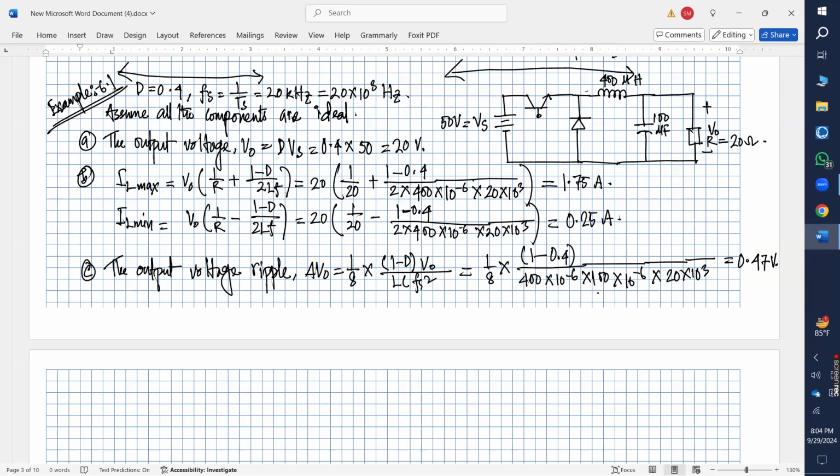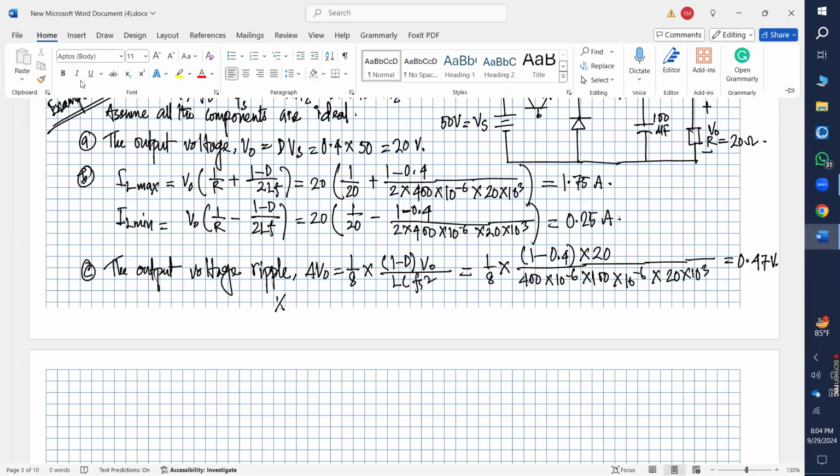So what should be the percentage of ripple? You haven't put the V naught, right? Your V naught is nothing but 20 volt. So what should be this value?